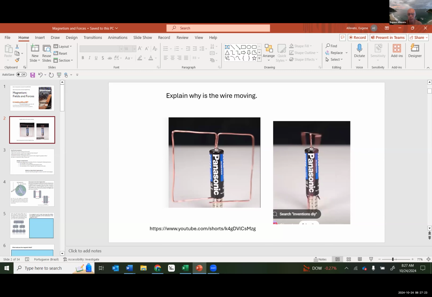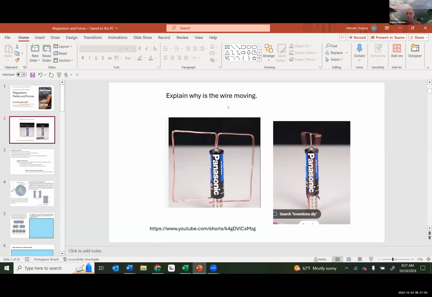It's about an experiment setup, and the wire is going to be moving here, and I want you to take some time to explain. If you feel it's necessary to make drawings to try to understand what's going on, please do that. And whatever you write, document that.